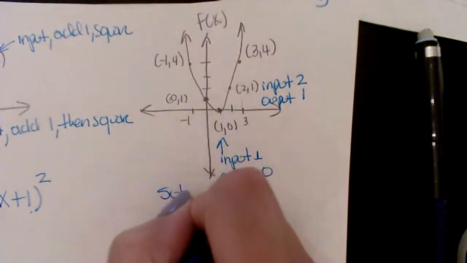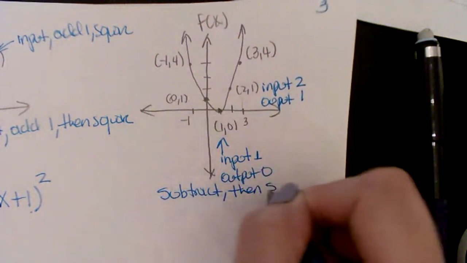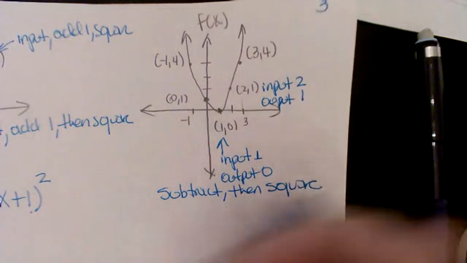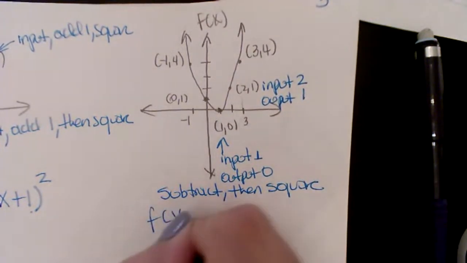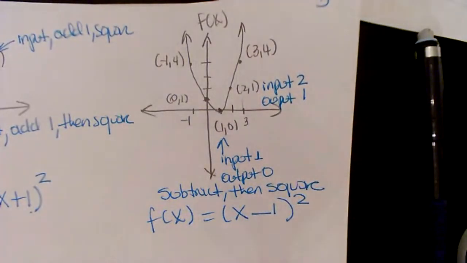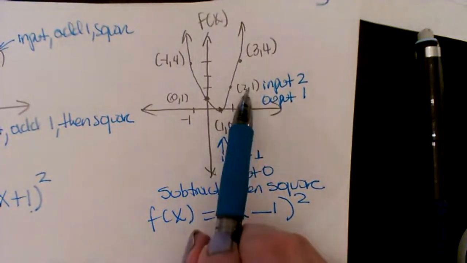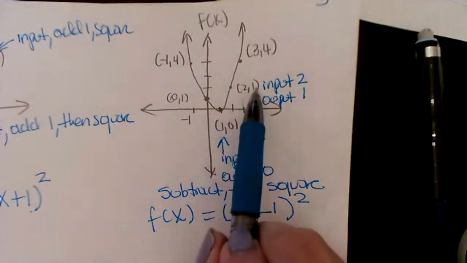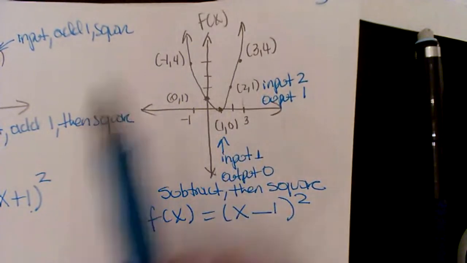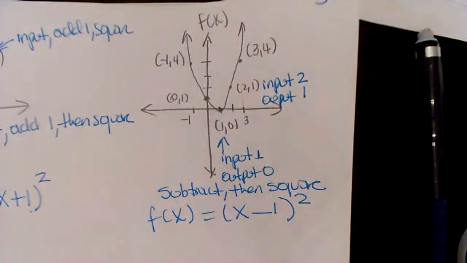We subtract and then a square. So it's going to be x minus 1 squared. We subtract 1, 0, and then we square 0. Subtract 1 is 1, square 1. Subtract 1 is 2, square 2 is 4.